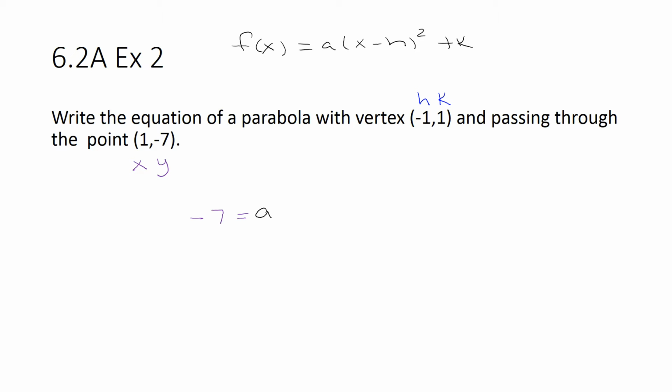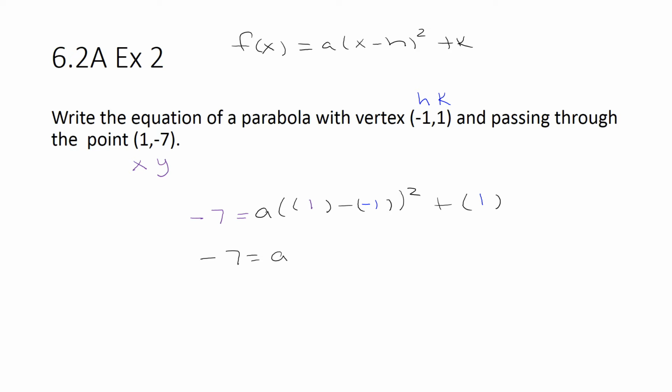So negative 7 is equal to a times, again, always put your parentheses in here to catch any double negatives. Okay. So my y, I already have it here, x is here, minus h, which is negative 1, and k, which is plus 1. And then just go ahead and simplify.